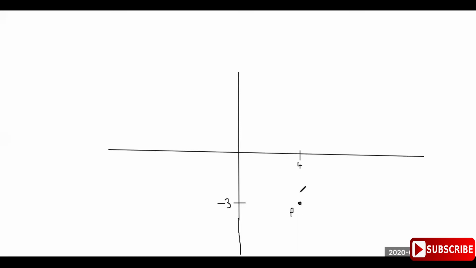And so if we stretch this point by a scale factor of 2, and it's only the y value that is stretched by a scale factor of 2, we just multiply the y coordinate by 2. And so therefore the image, which you can call P prime, is going to be 4, -6, because x remains unchanged.